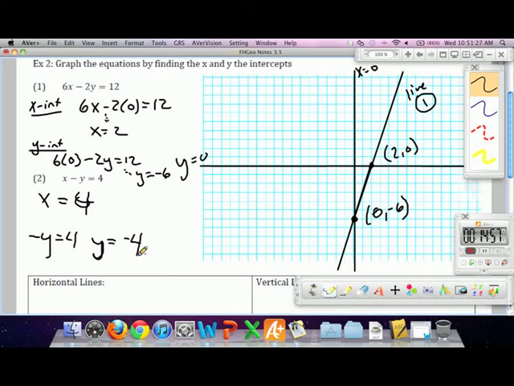The y-intercept is when y is negative 4. So if I plot those 2 points, I'll do it in blue: 1, 2, 3, 4. Down 1, 2, 3, 4. There's your line 2.